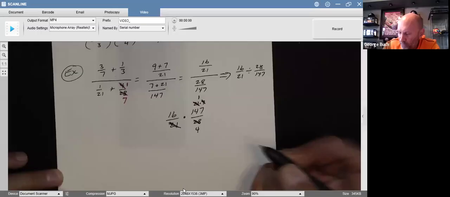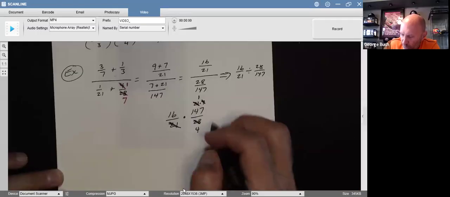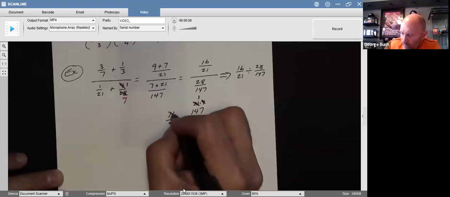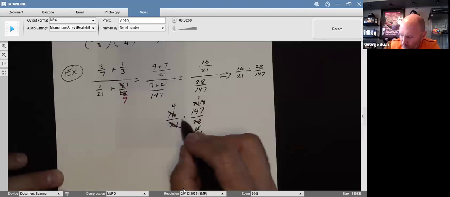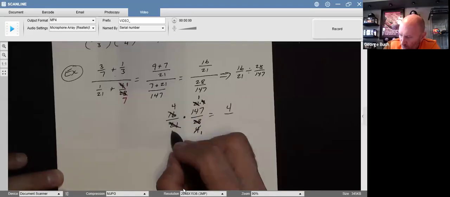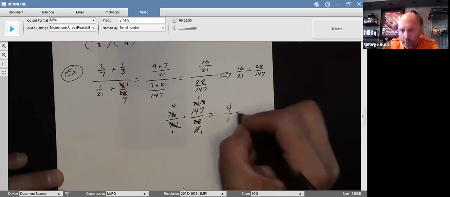So it makes my life easier when I can break these numbers down, and I can actually do it again, right? Because the 4 cancels with 16, and all I have left now is 4 times 1 in the top, which is 4, and then 1 times 1 in the bottom, which is 1. So the answer to this is 4.